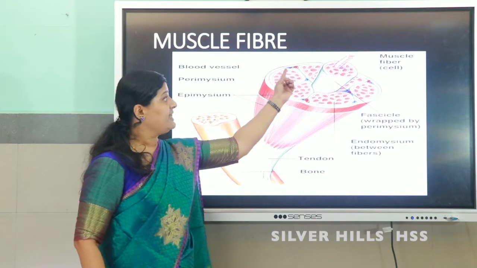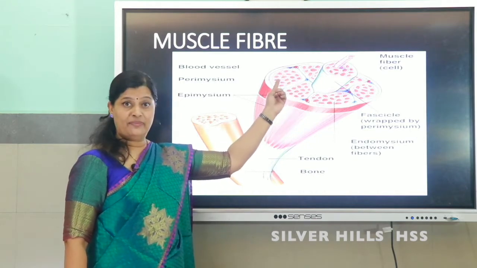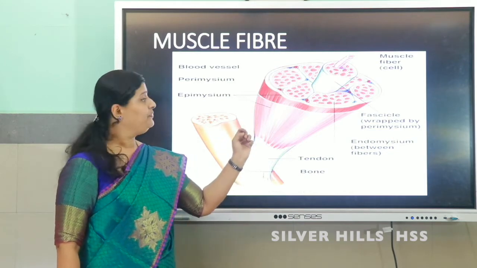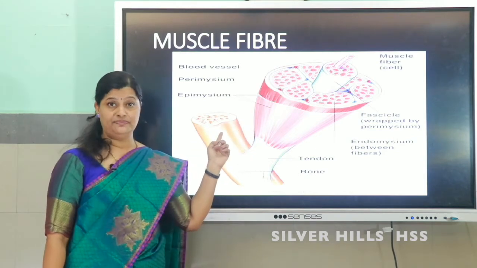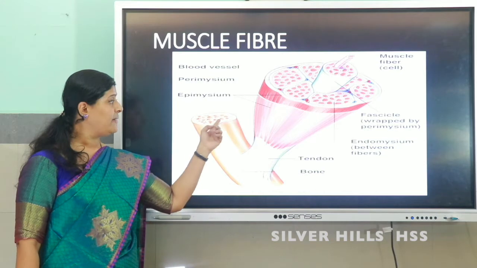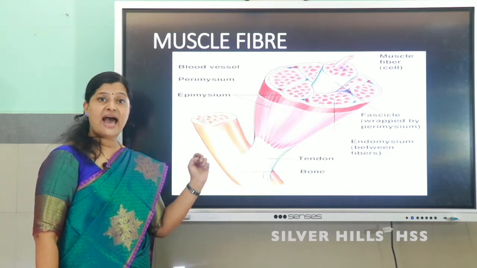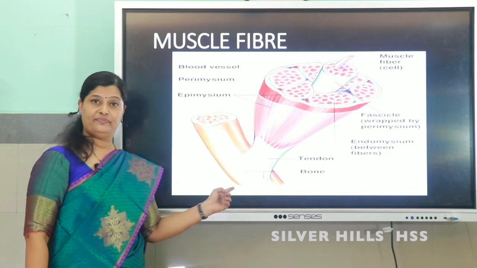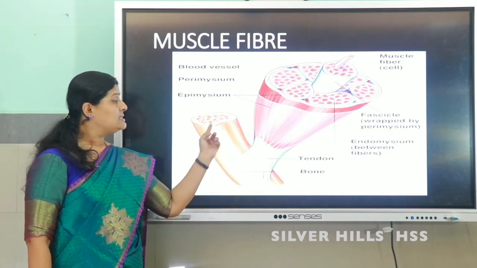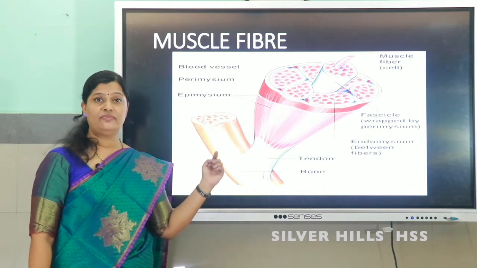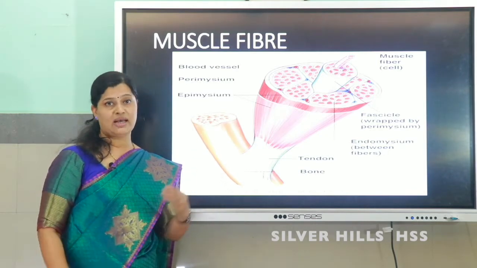Okay, so let's take this muscle bundle. Let's see what is their structure. Here you can see the picture of a muscle bundle or fascicle. It has a plasma membrane which is called sarcolemma, and it has a cytoplasm which is called sarcoplasm.